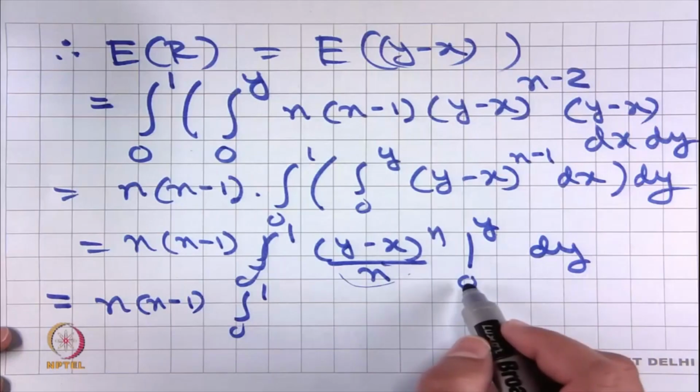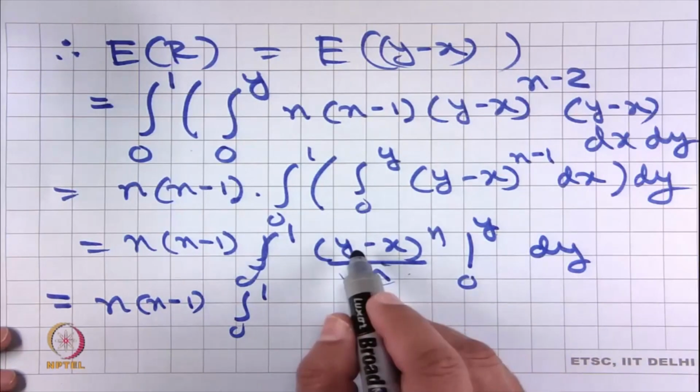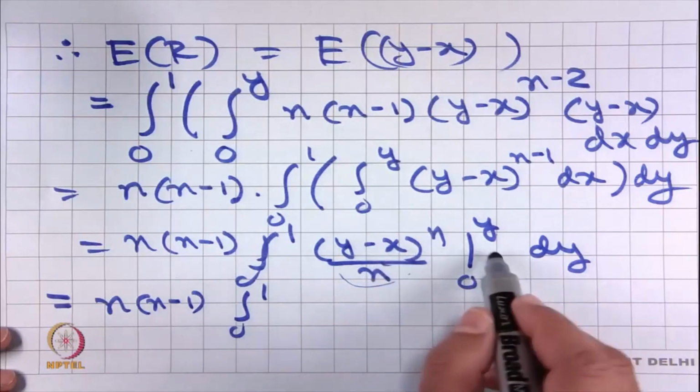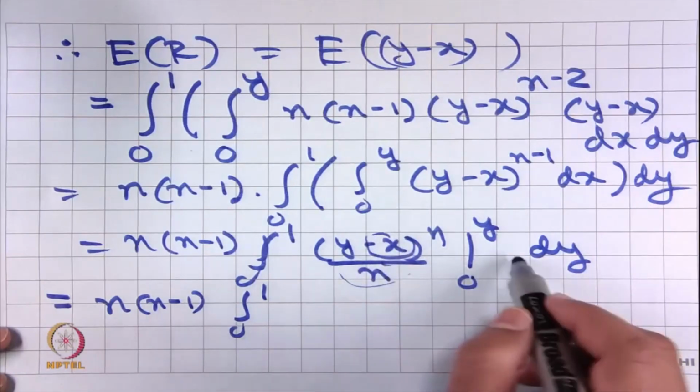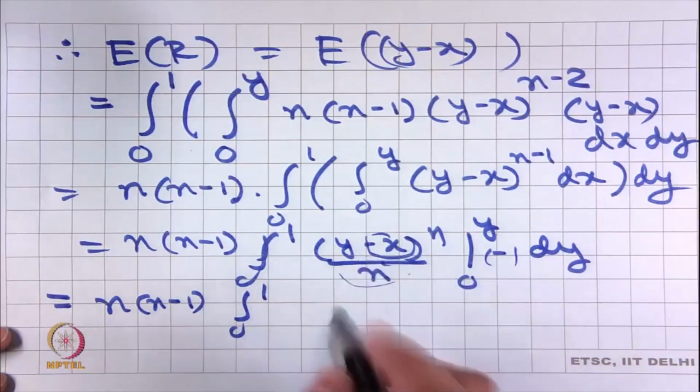If I put x equal to 0, it becomes y to the power n, but since it is minus x, there should have been a negative sign, and then that will make it positive.